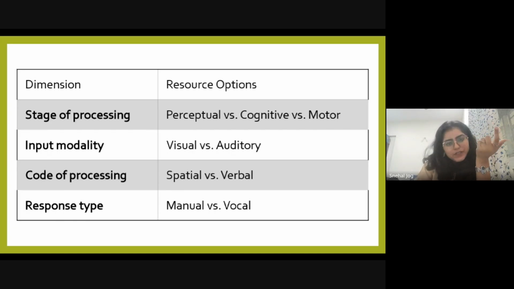That is a perceptual stage of processing. Also a cognitive one, because I am trying to understand that red means stop, yellow means slow down, green means go ahead. Right? So that is stage of processing. Yeah, so when modalities are different, selective attention is going to be easier, because there is not going to be much of an interference.